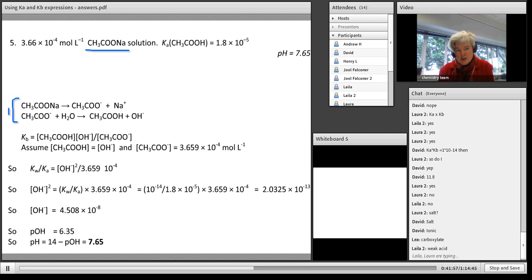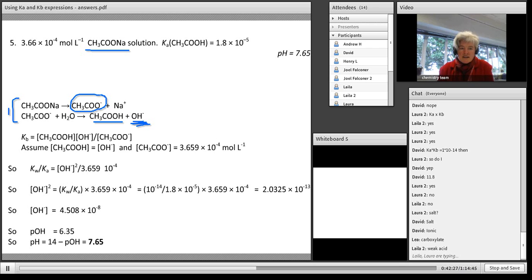So this is when it reacts with water to form ethanoic acid again and hydroxide. Now, you should recognize that because that's listed in the exam criteria as one of the weak bases you have to know. So you know that this is going to be a base, and by writing out the next equation you can see that it's a base because we've got the hydroxide being formed.